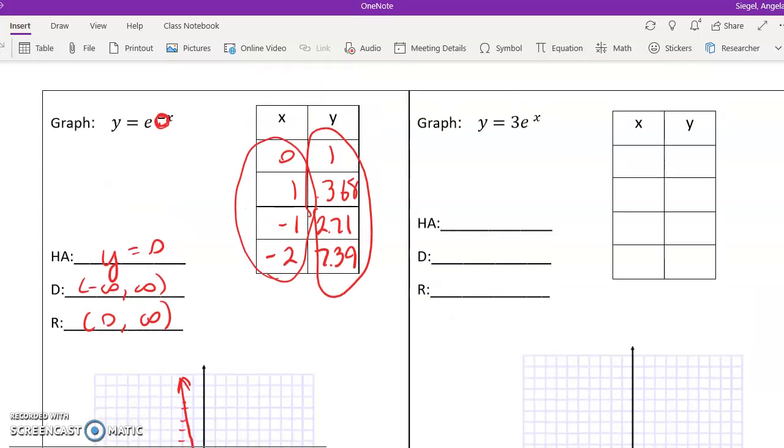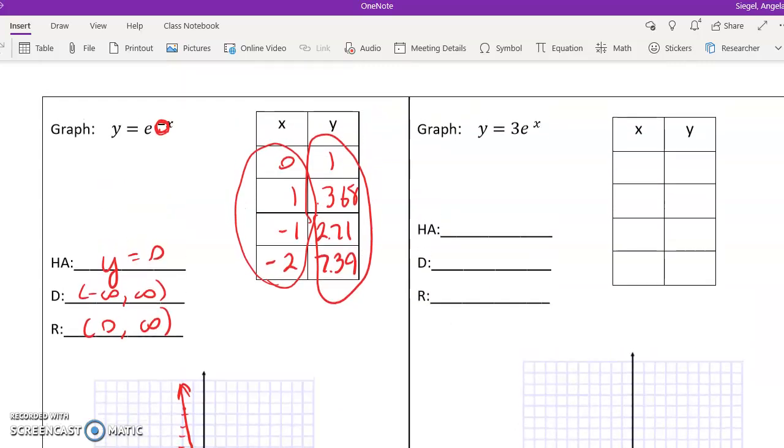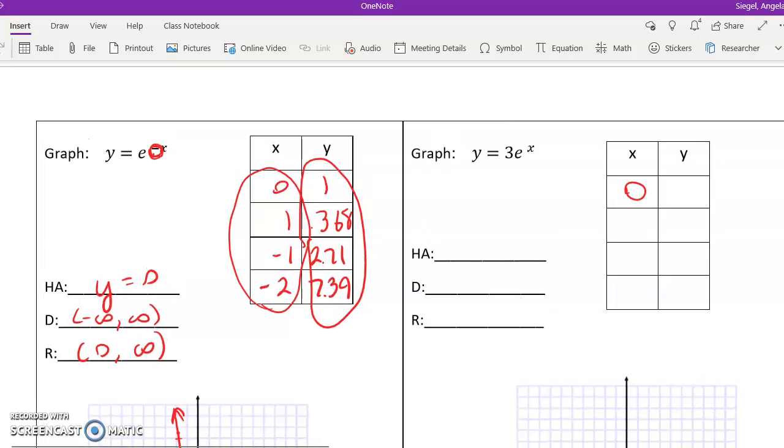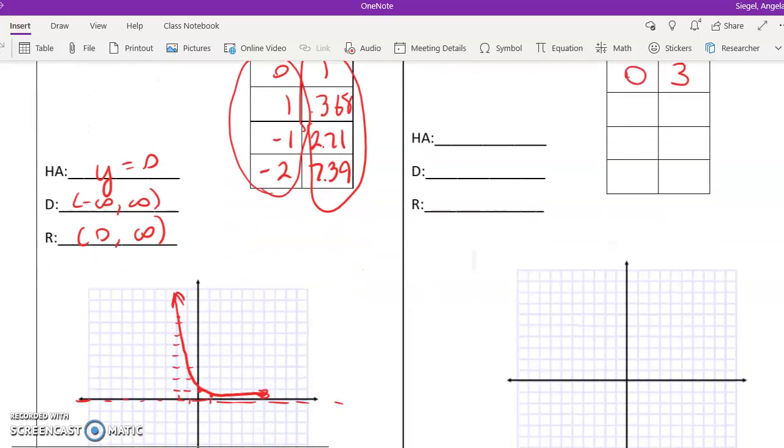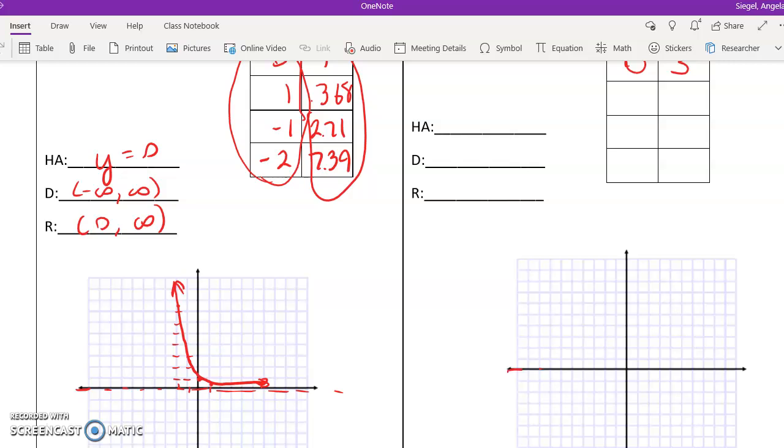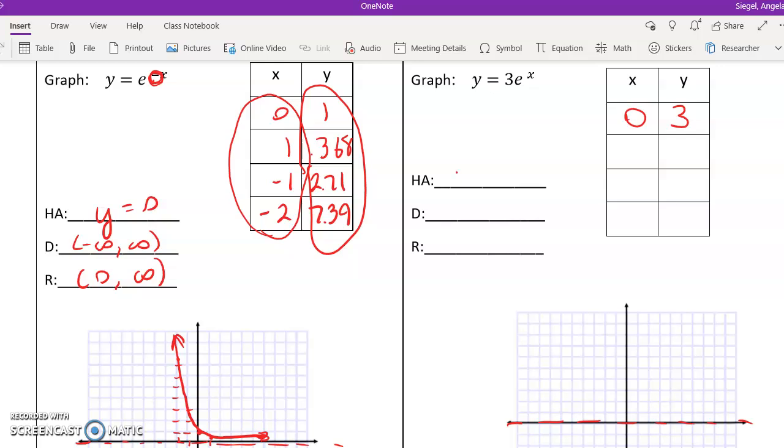Okay, so I'm going to start you off on this one, and then I want you to take it over. So again, I always like to start with 0 because e to the 0 power is 1. And so I'm going to start off with 0, 3. Notice we learned yesterday that K designates our horizontal asymptote.